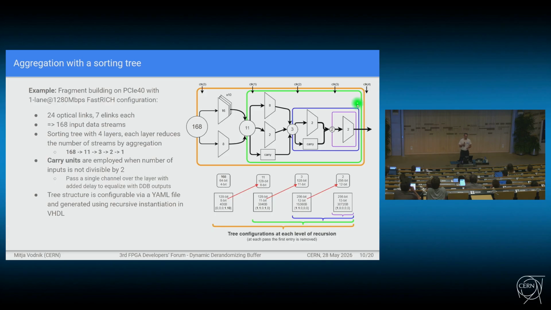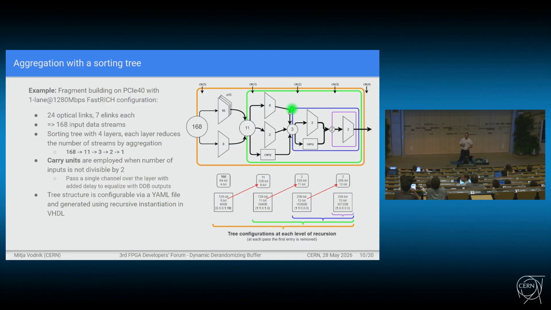So to accommodate for a random number of inputs, we also have carry units that just introduce some delay through a layer. That's to save resources, basically, to align with the streams that get through a sorting unit.